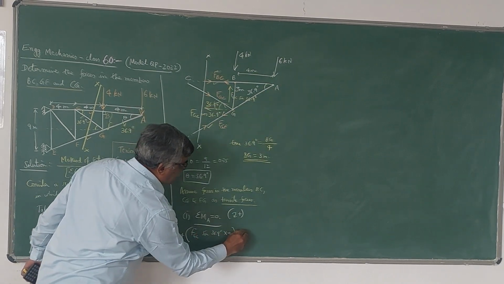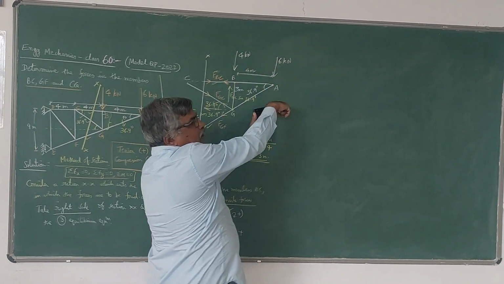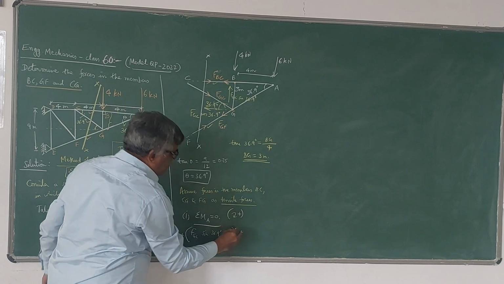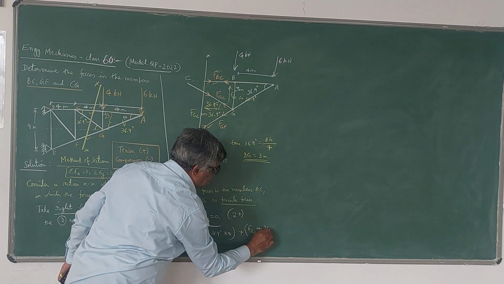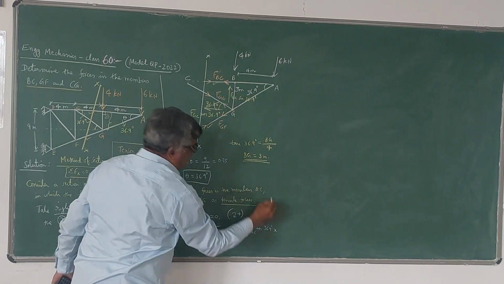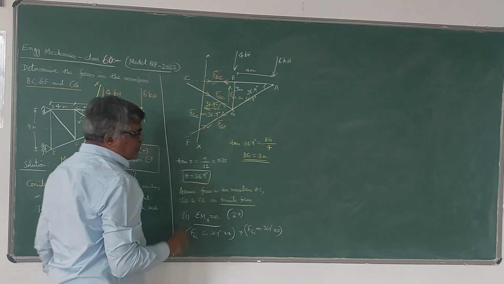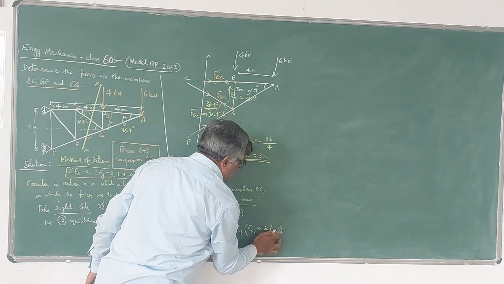So plus, to come to A, I have to rotate in the clockwise direction. So plus FGC cos 36.9 degree into distance is 3 meters from the point A. So for horizontal force, distance is vertical. For vertical force, distance is horizontal. So this is into 3.